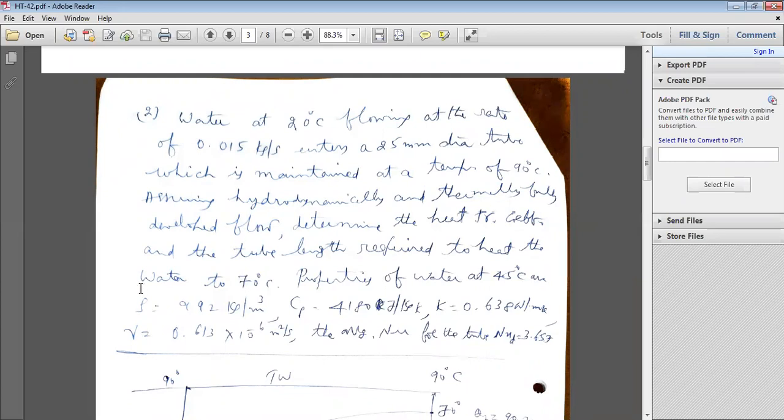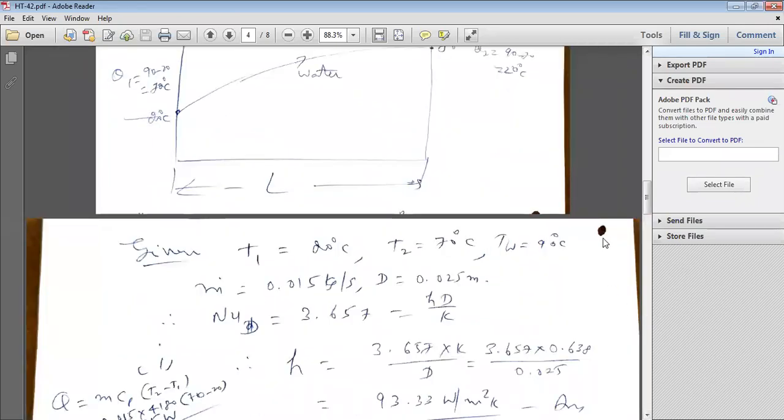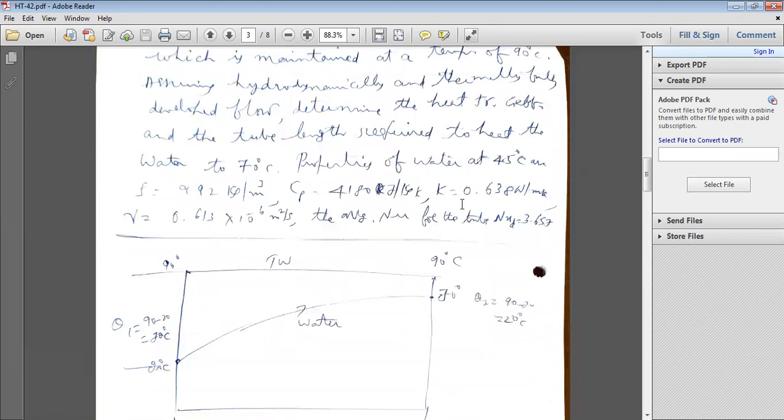You have to take the density of the water at 45 degrees centigrade, 992 kg per meter cube. And Cp, the specific heat, is equal to 4180 joule per kg Kelvin. Thermal conductivity K is equal to 0.638 watt per meter Kelvin.